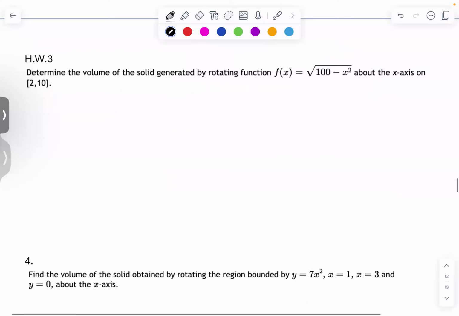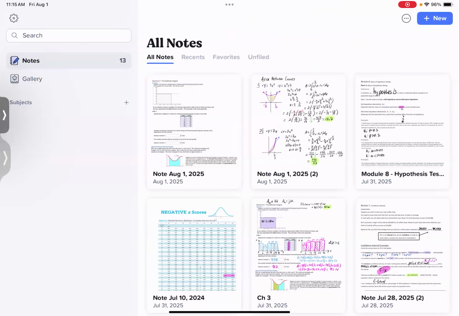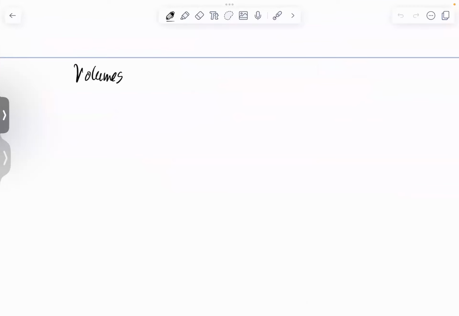All right, so we are now here. And once again, I'm going to go back to my scratch paper. It's just a lot more space. And we are going to start with example 3. We're going to take the function f of x equals the square root of 100 minus x squared, which the graph of this, very nicely, is just a simple circle of radius 10.